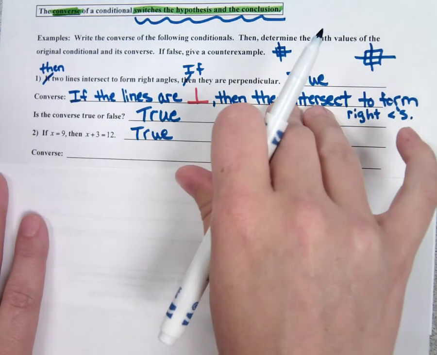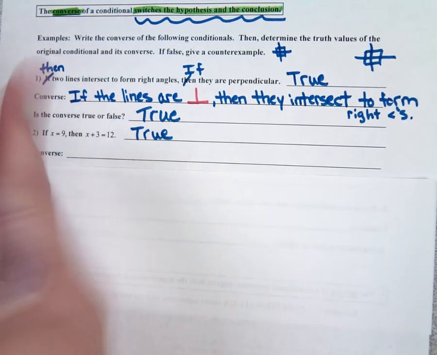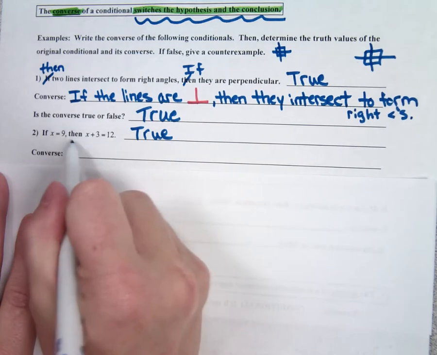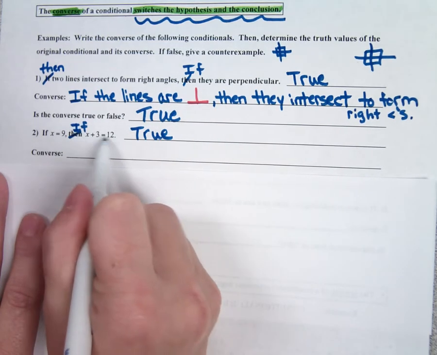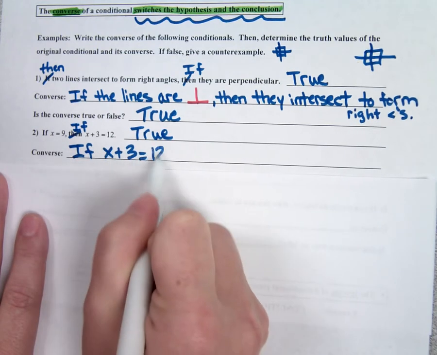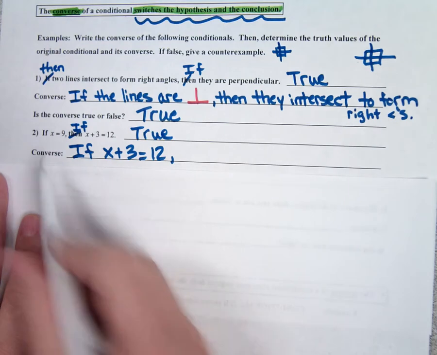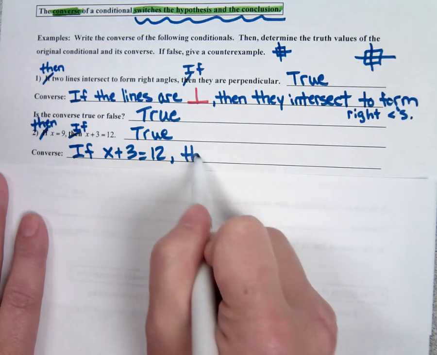Okay, so what the converse does is it switches the conditional around, flip-flops it. So this is going to be the if part. So if x plus 3 equals 12, then x equals 9.